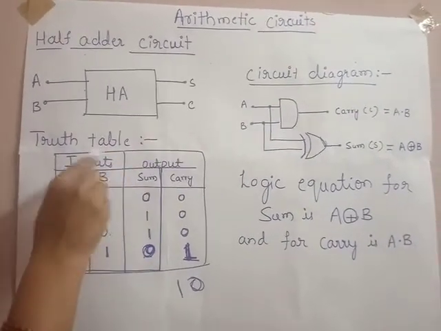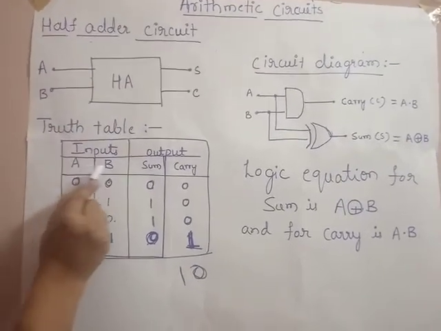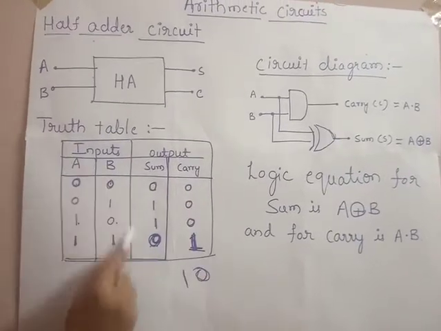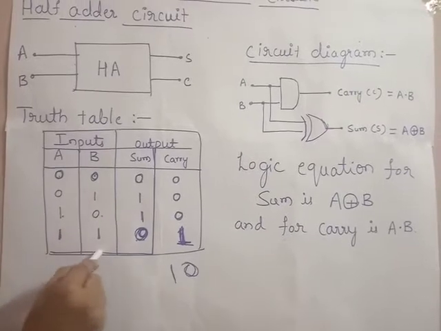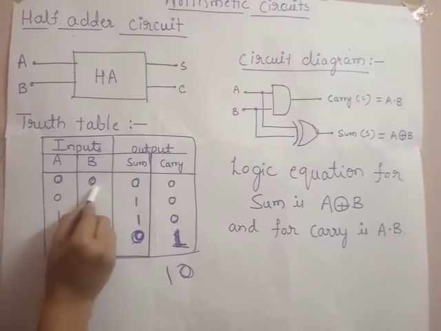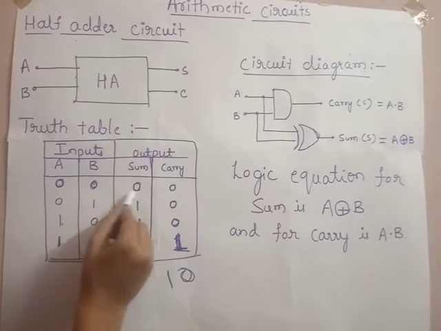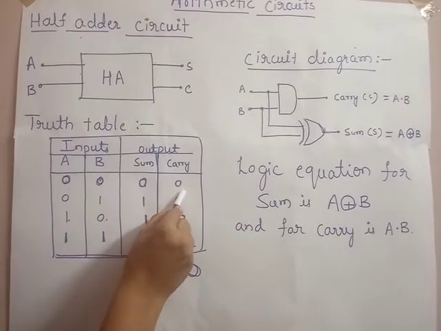If we write the truth table for this half adder circuit, we have to take inputs as A and B, and outputs as sum and carry. All the possibilities of A and B we have to write: 0 0, 0 1, 1 0 and 1 1. If we add 0 and 0, it gives sum 0 and carry 0.